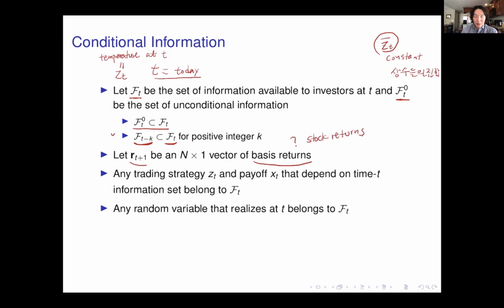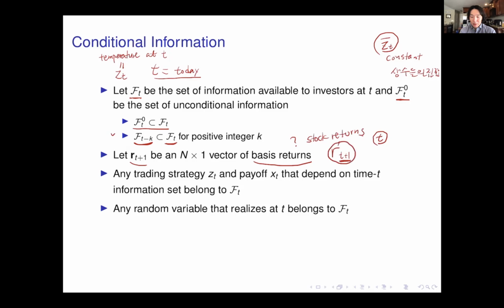And I am using notation R_{t+1}. Okay? And this is because the current time is t, and the return is going to be realized in the future. 현재 시간이 t이고 실제로 리턴이 알려지는 시기는 다음 피리어드죠. t+1. Therefore, I'm going to use R_{t+1}.